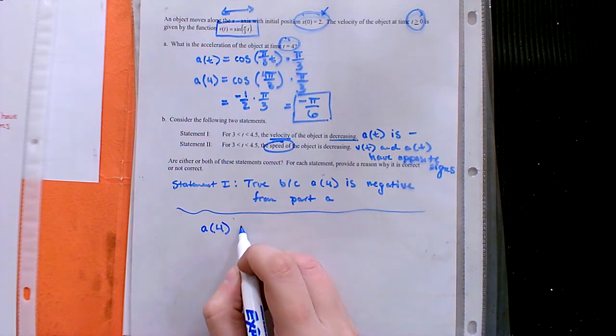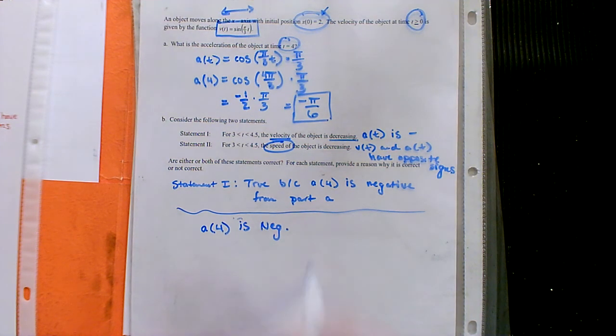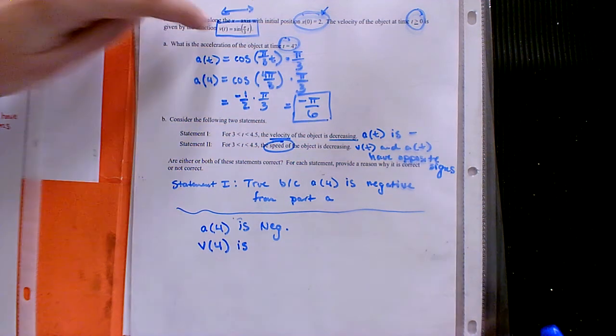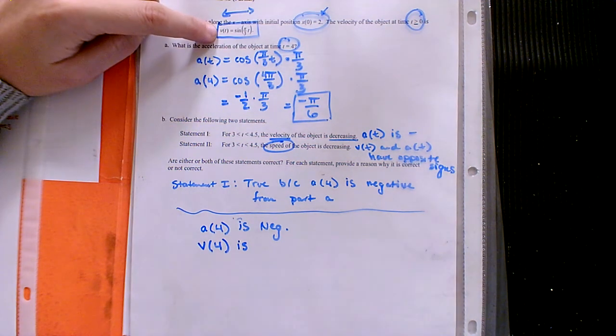We know acceleration at 4 is negative. Can we somehow figure out the velocity at the same time? How can we figure out V of 4? Plug it in, right? They give us the velocity function. Now, we just really got to figure out is it positive or negative to help our case.